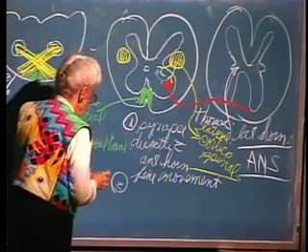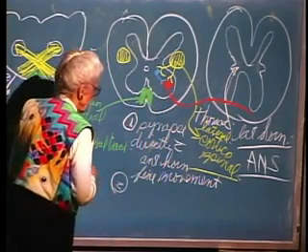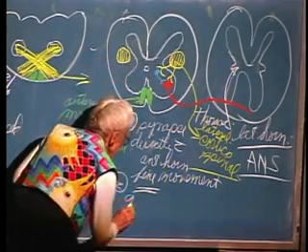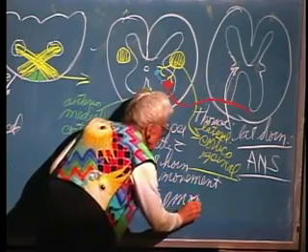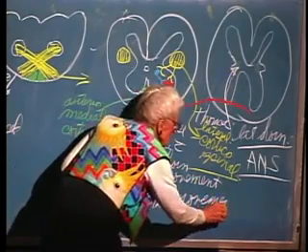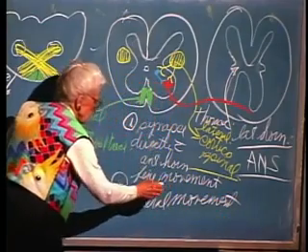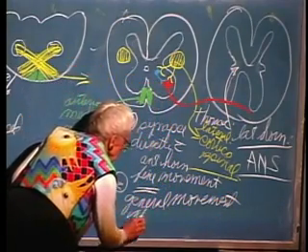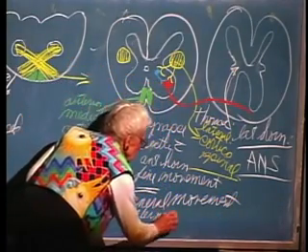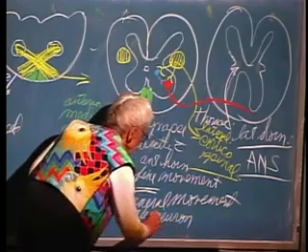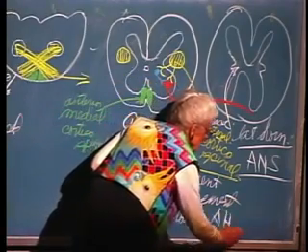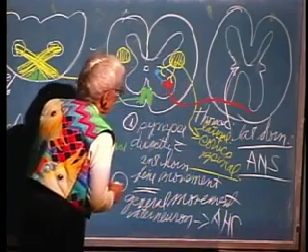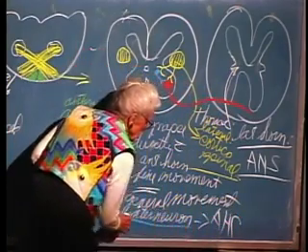So for general movement, not this fine movement, we come into an interneuron, and then to the anterior horn cell. And we did this one in blue.